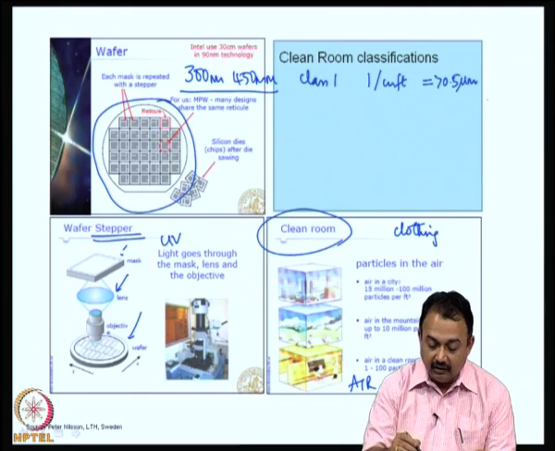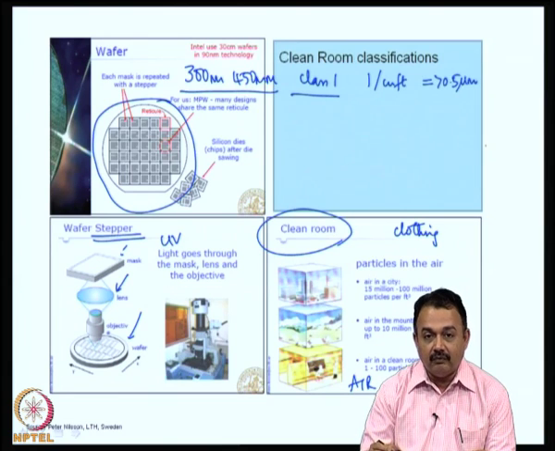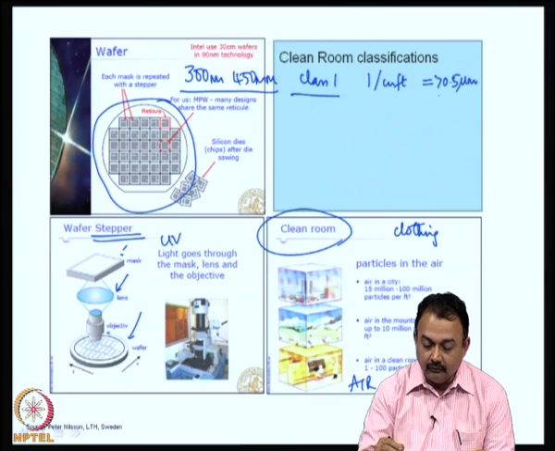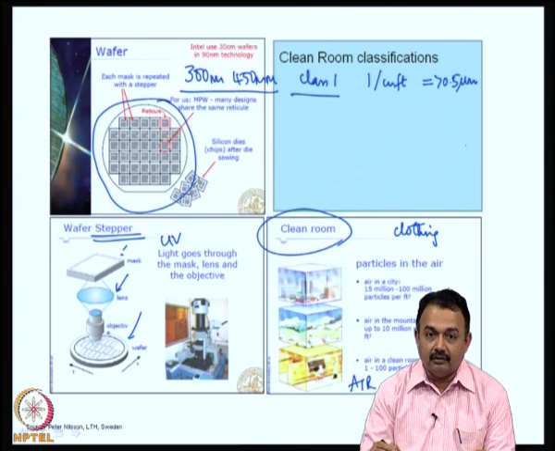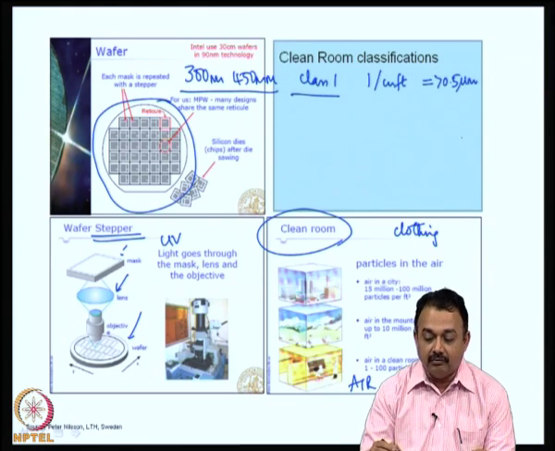So, if you say your clean room is class 1, that means you are monitoring and you are specifying that your clean room will have only one particle per cubic feet of the size of 0.5 micron. So, that is a very tough standard to maintain always. So, class 1 will be very expensive to maintain.